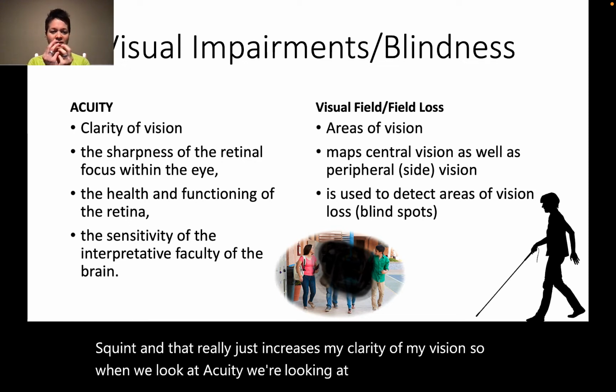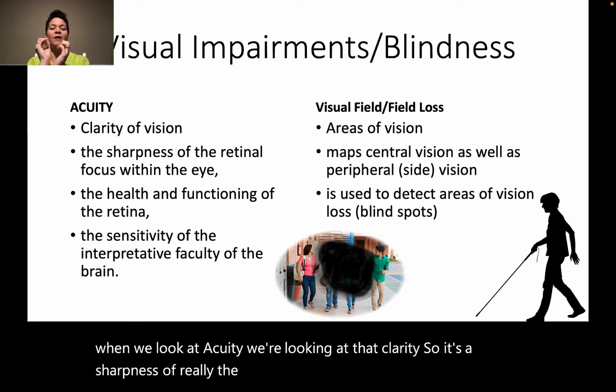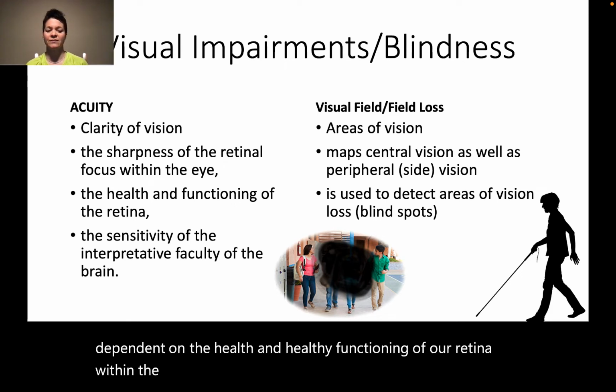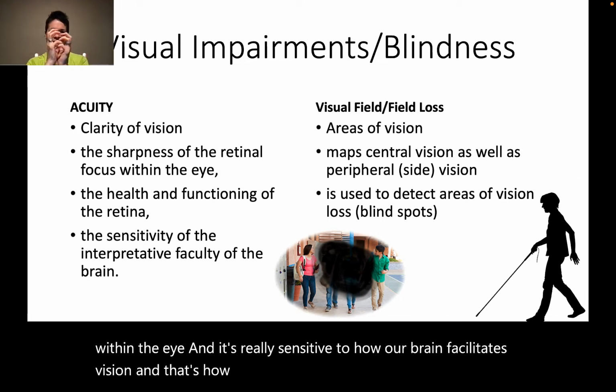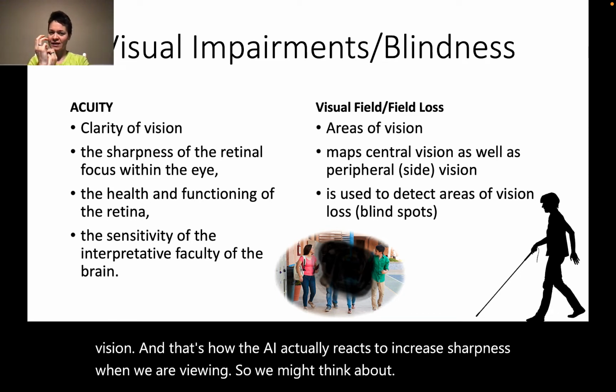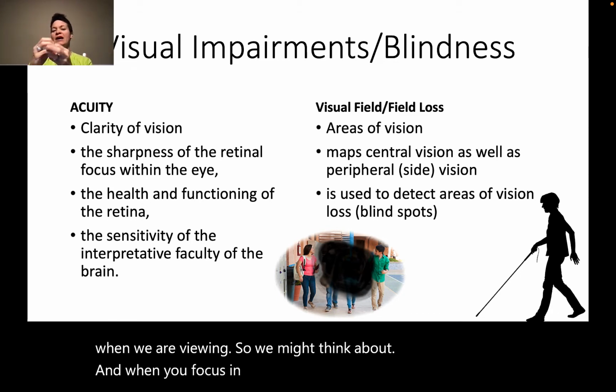So it's the sharpness of really the retinal focus of the eye itself, and it's dependent on the health and healthy functioning of our retina within the eye. And it's really sensitive to how our brain facilitates vision, and that's how the eye actually reacts to increase sharpness when we are viewing. So you might think about perception, and when you focus in on something and your depth perception goes a little bit blurry, right?